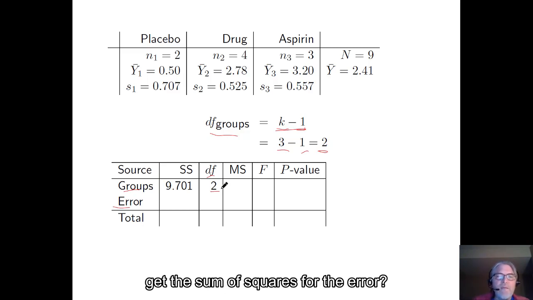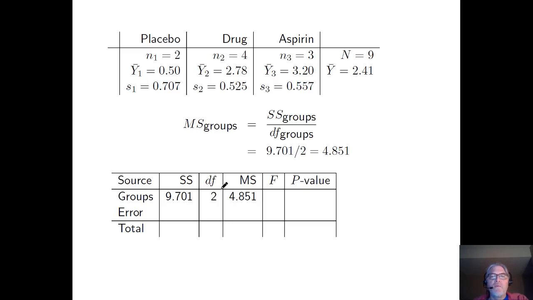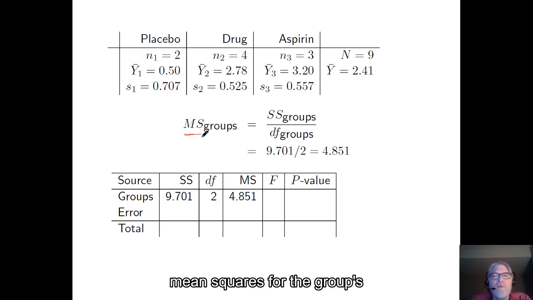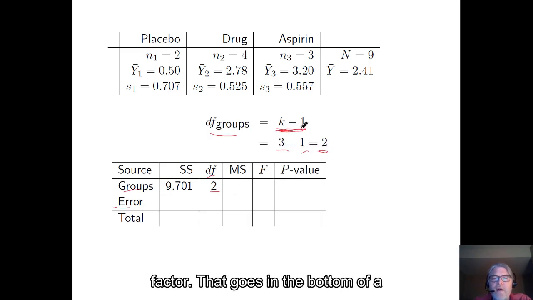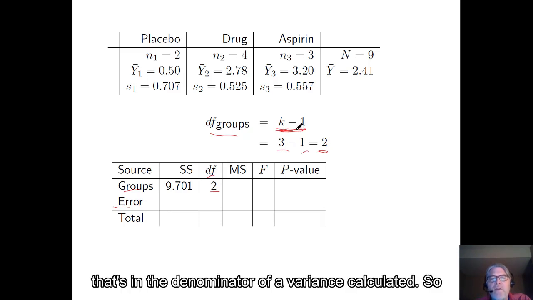All right, how do we get the sum of squares for the error? Oh, sorry, the mean, I got ahead of myself. The mean squares for the groups is, remember, the sum of squared groups divided by something like the sample size in order for estimating the variance. So this is kind of like the n minus 1 factor that goes in the bottom of a variance. Now it's a k minus 1 that's in the denominator of a variance calculation.